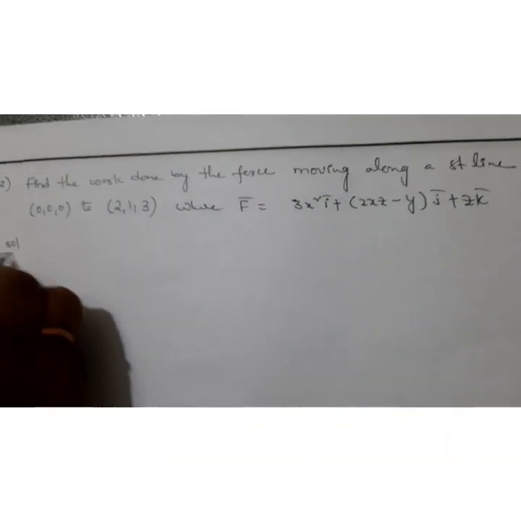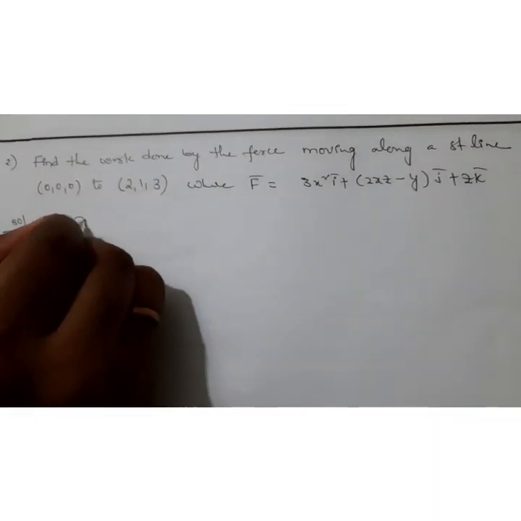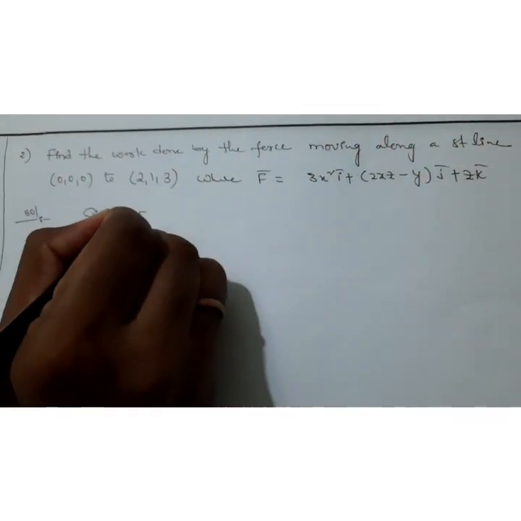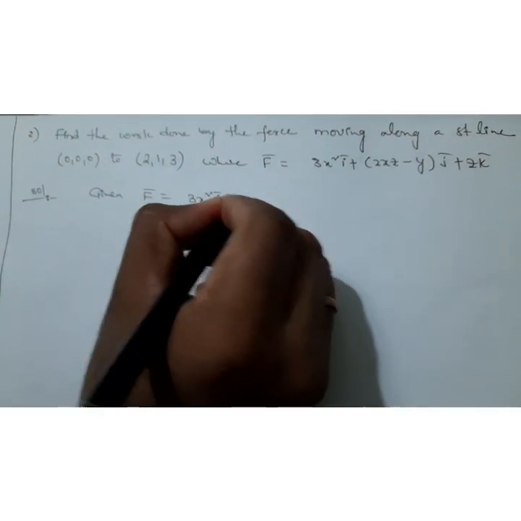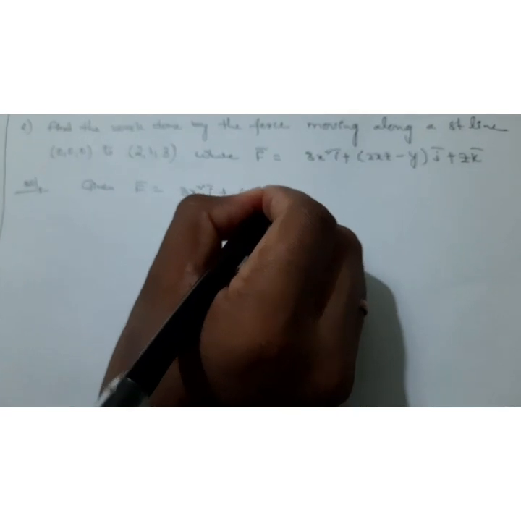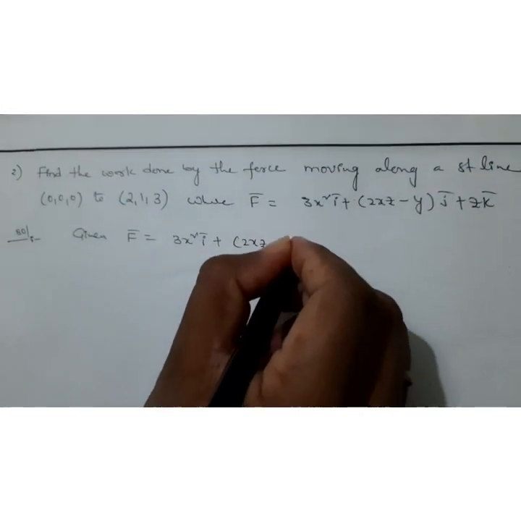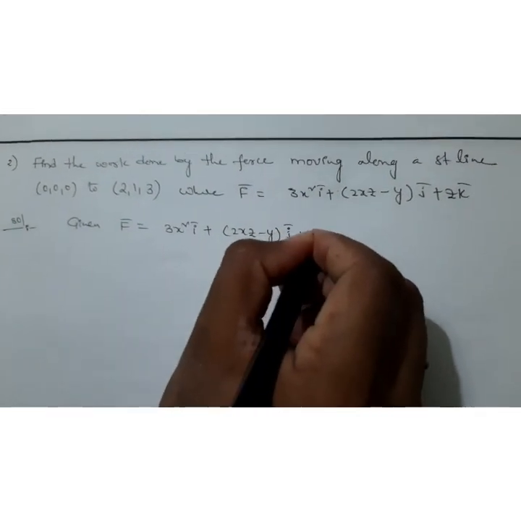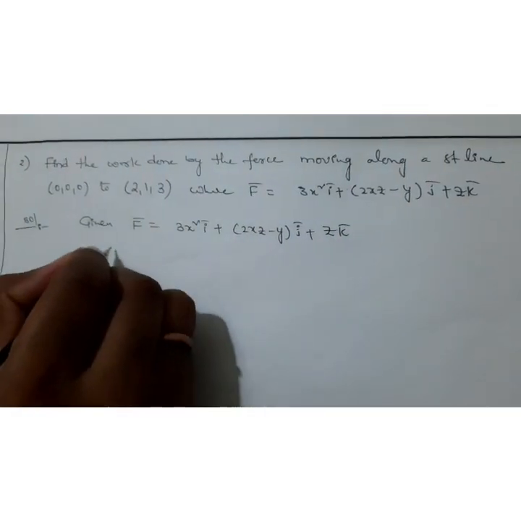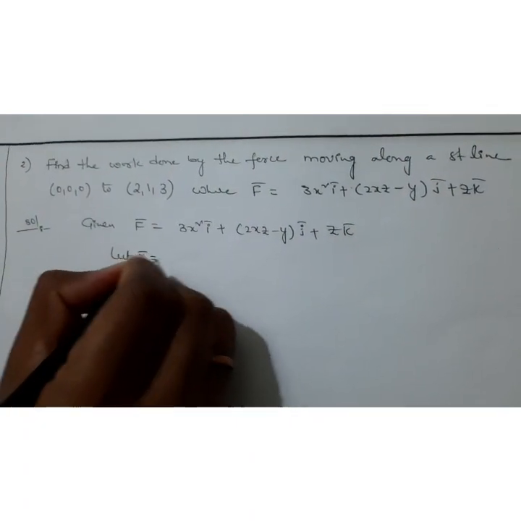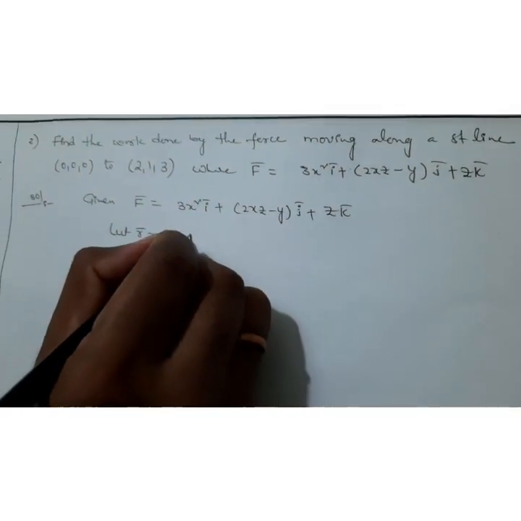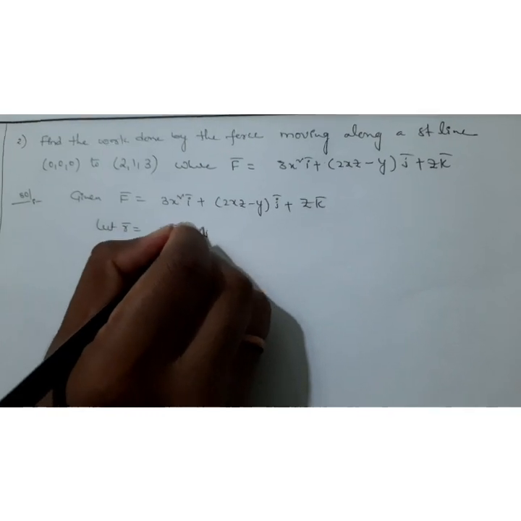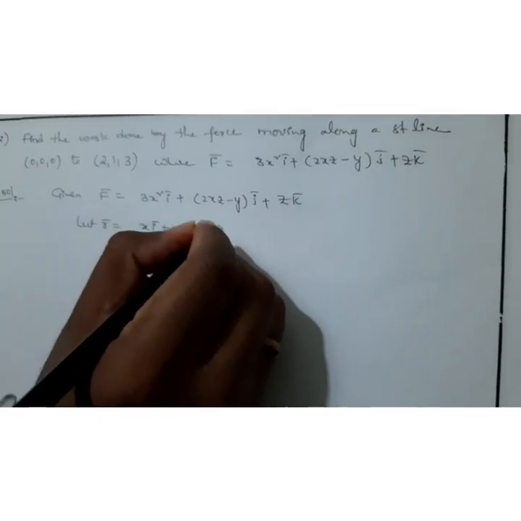Solution: given the force vector F bar is equal to 3x square i bar plus 2xz minus y j bar plus z k bar. Let r bar is equal to x i bar plus y j bar plus z k bar, the position vector.